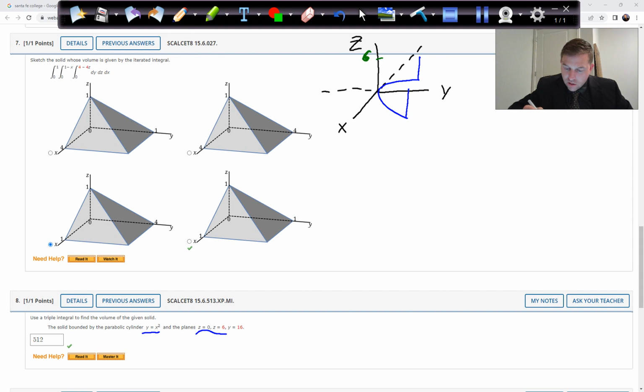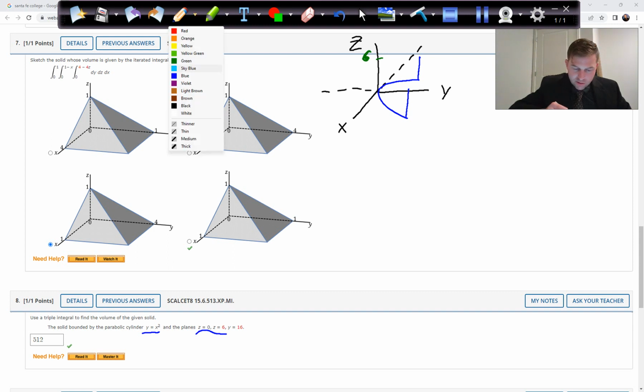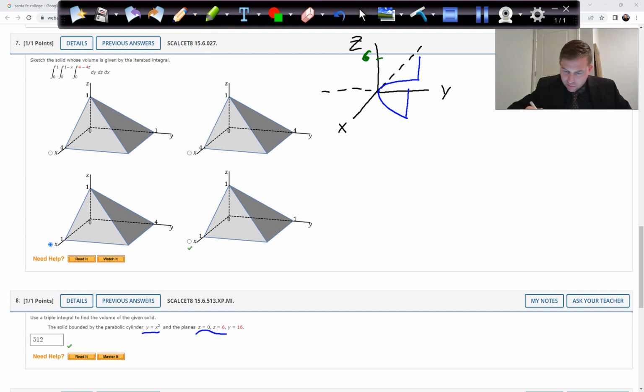So, let me see if I can do this without butchering it. Let me go a little higher than 6. So it's going to come down like this and form a parallel shape like that. Okay, so there's the solid so far.